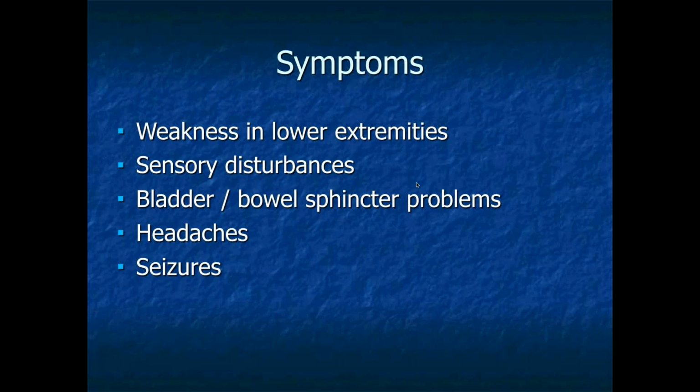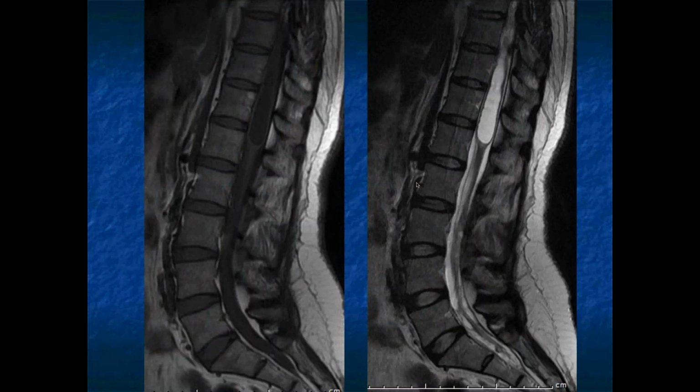Okay, Thomas. Symptoms: weakness in the lower extremities, sensory disturbance, bladder, bowel, sphincter problems, headaches, seizures. So there's an intramedullary lesion in the thoracic cord. It's homogeneous, T2 hyperintense.